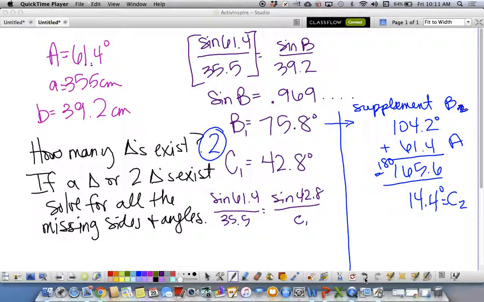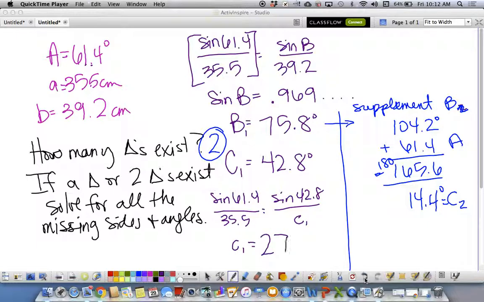Over here in purple, I found the first triangle that could exist. In blue, I find the second triangle that could exist. So when we cross multiply, 35.5 sine 42.8. So little c1, did you get 27.47, et cetera?